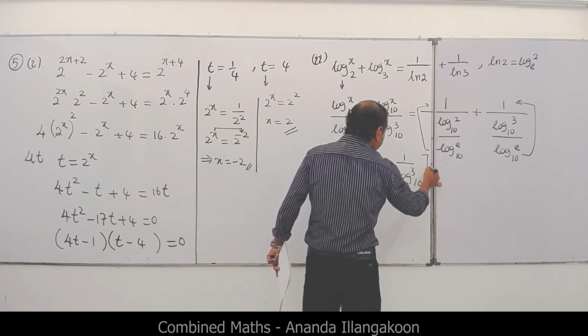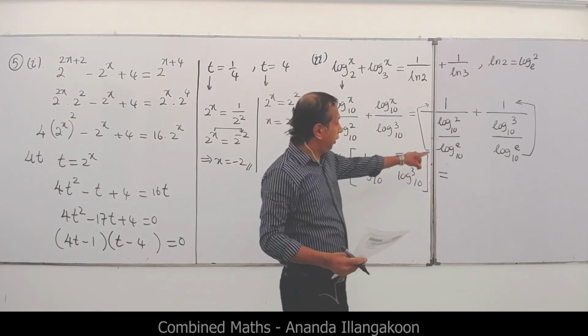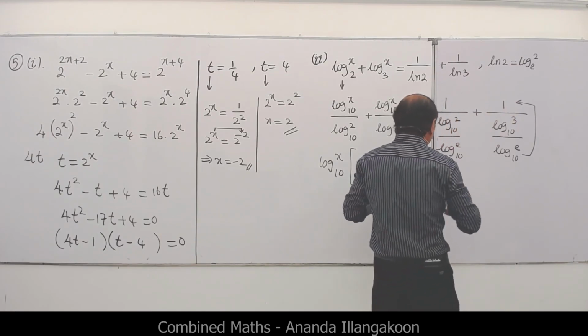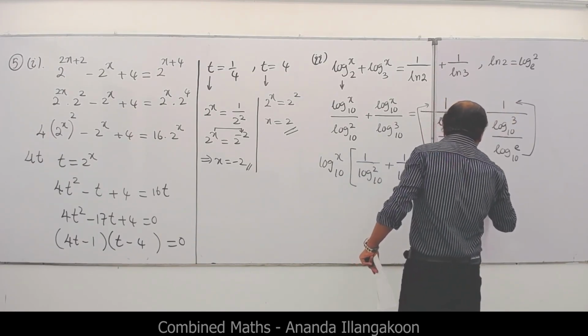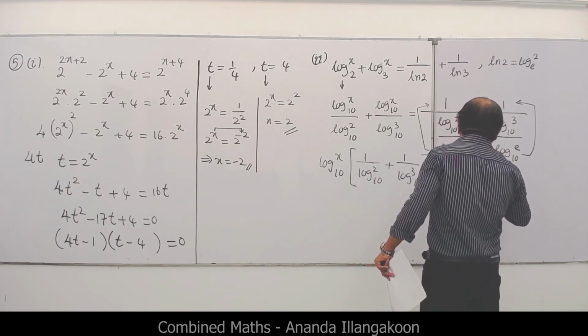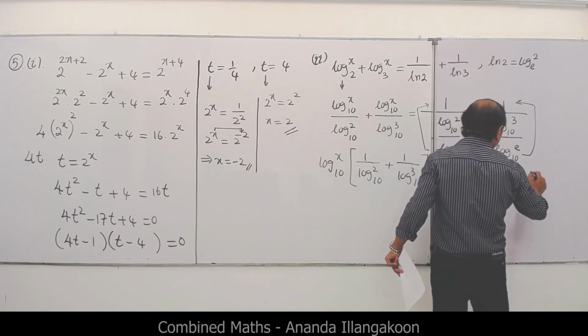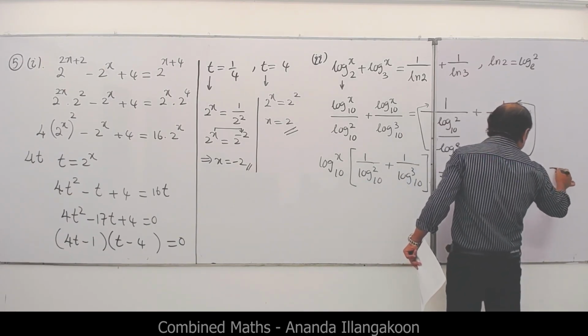This way we have equals, taking this to numerator and this to numerator, when you take it out, we get here log e 10 on the right hand side, 1 over log 2 10 plus 1 over log 3 10, like this.